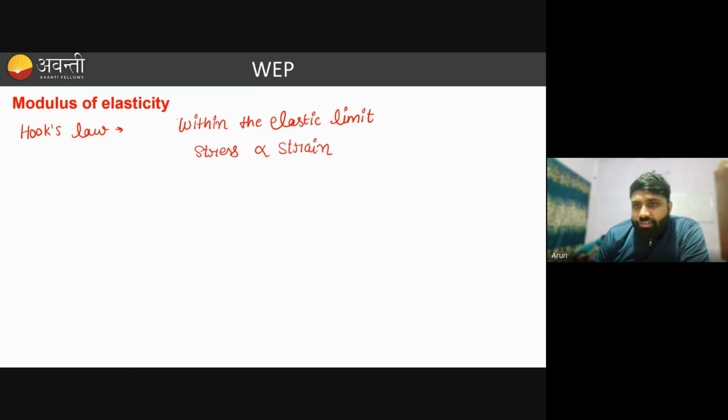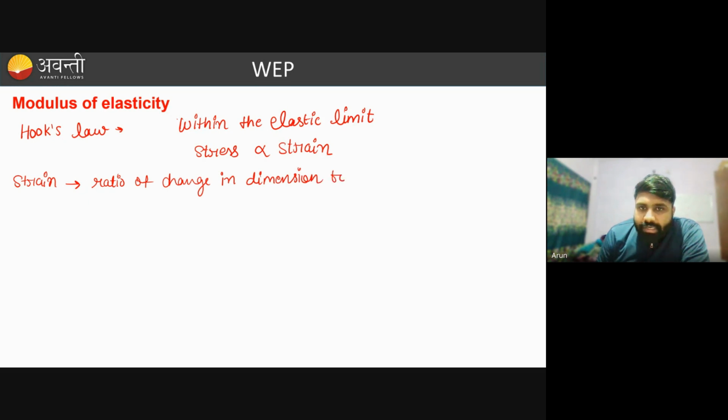Now, what is this strain? Strain is the ratio of change in dimension to the original dimension.